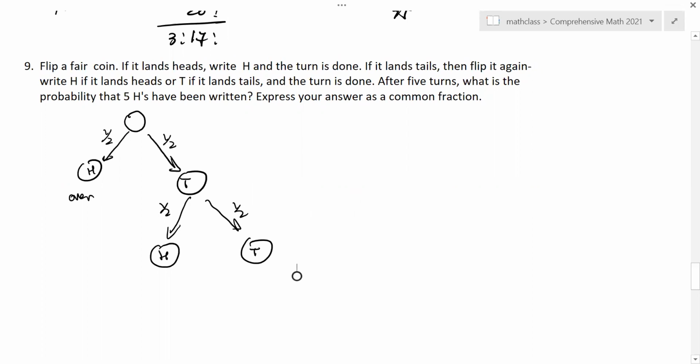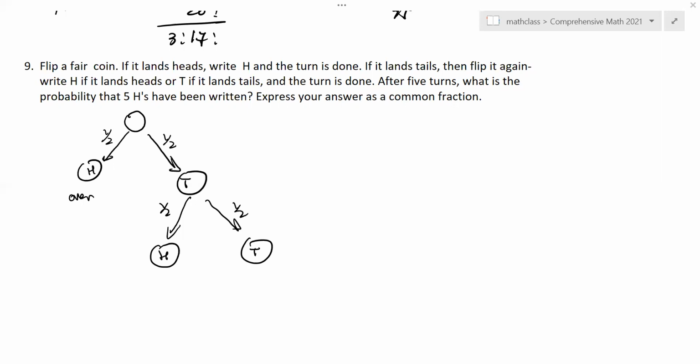So the turn is done in either case. So this is just one turn. First of all, let's figure it out. This is a game result.